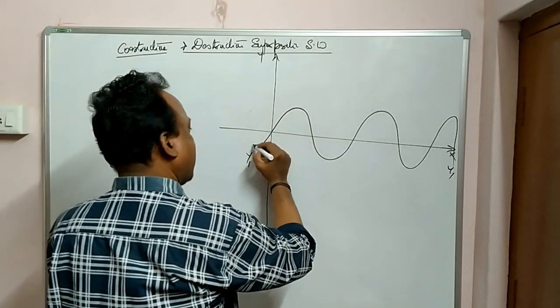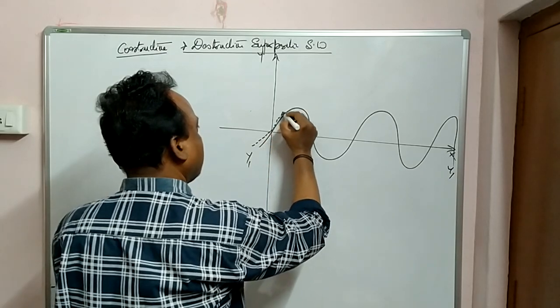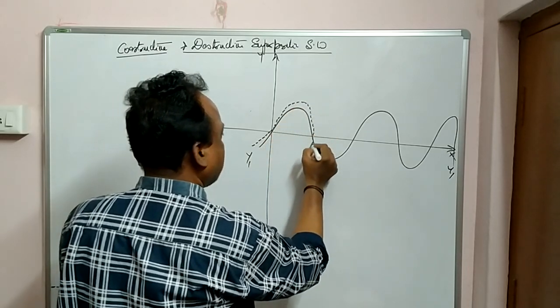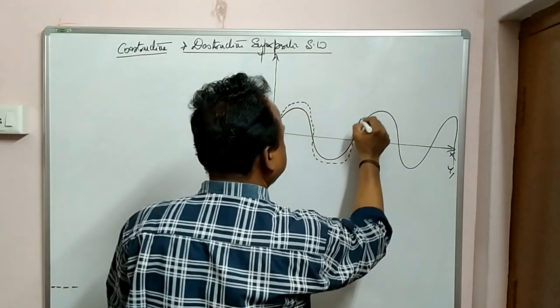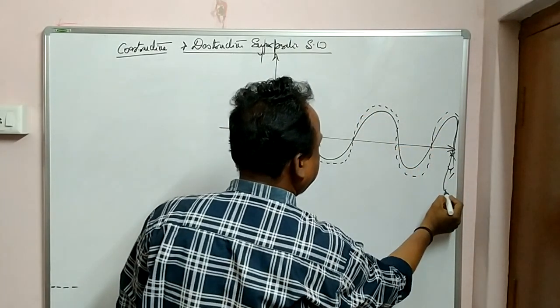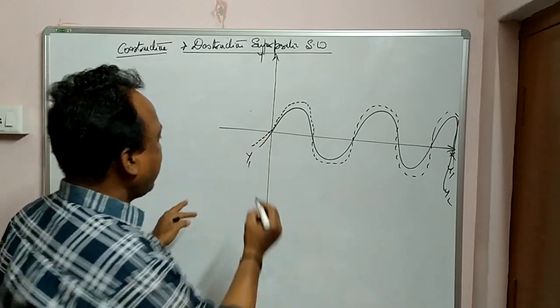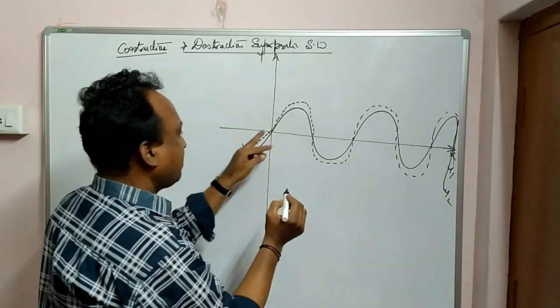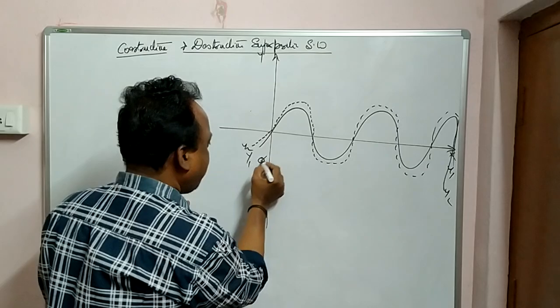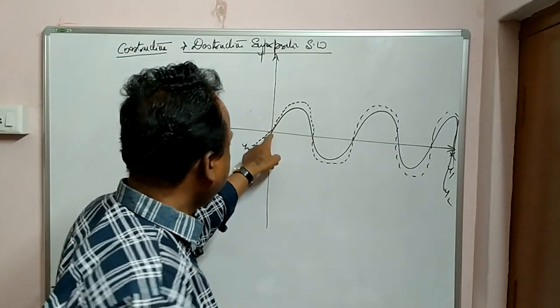The second wave is also going like this, for example this is the second wave, y2. If you observe carefully, y1 and y2 waves are very near. That means their phase difference is 0. You can observe here, phase difference 0.